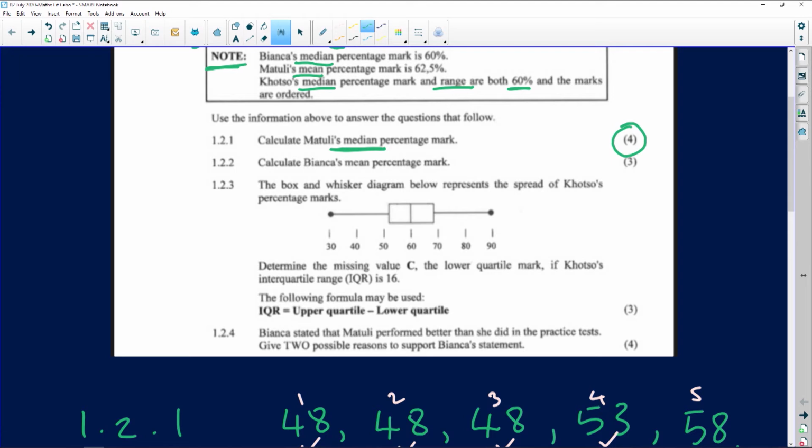The next question says, calculate Bianca's mean. Mean is the average. How do we calculate the average? Mean is just a fancy word for average, and it's a common word, so you're really going to find it.